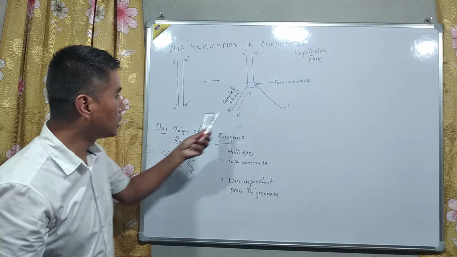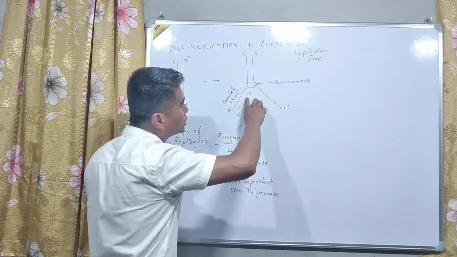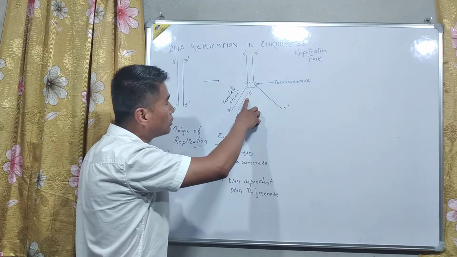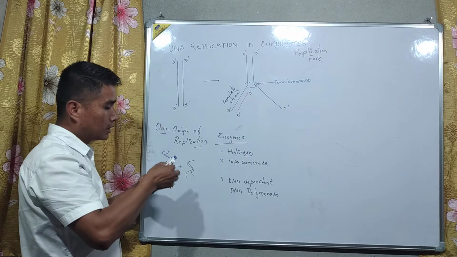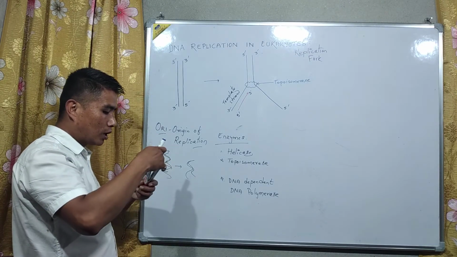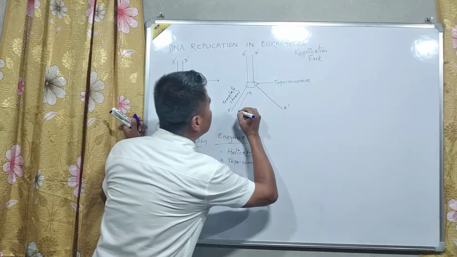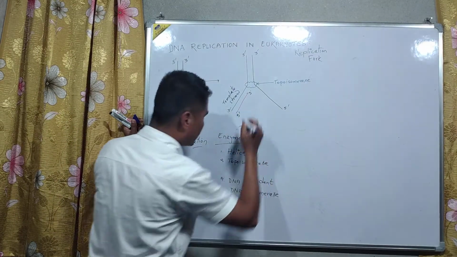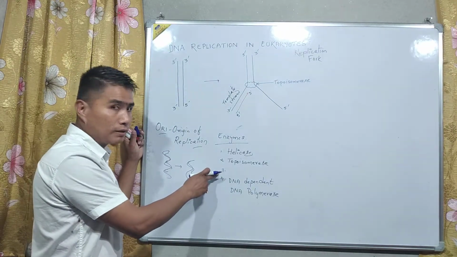So likewise here also, DNA dependent DNA polymerase is making a new strand by looking at the template strand, but it might open up. So that is why there is a locking device, that takes place with the help of an enzyme. So that is why I have kept this number 3 free.